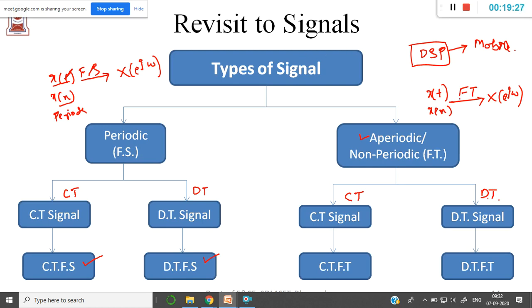Now, if I go for digital signal processing, I will always be saying that the signal is a discrete time signal. So our discussion will never be with respect to this part. The entire DSP will be concentrating on these types of signals.